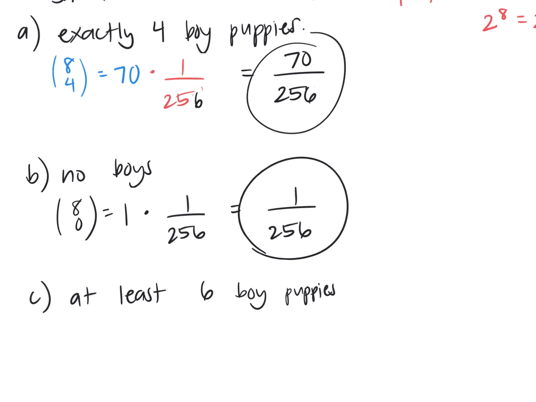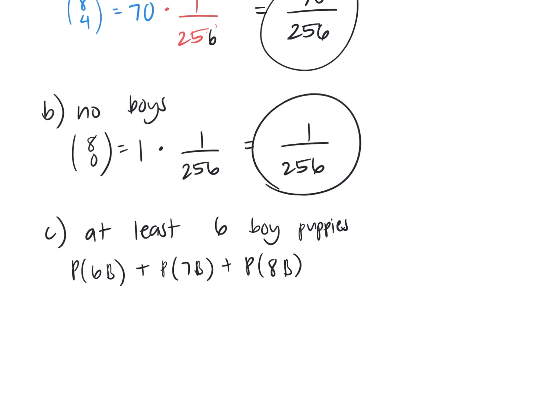So I would find the probability of 6 boy puppies plus the probability of 7 boy puppies plus the probability of 8 boy puppies, and add all of those together. Which means we have to do 8 choose 6, 8 choose 7, and 8 choose 8. And each of those would be multiplied by our probability, which is that 1 over 256.